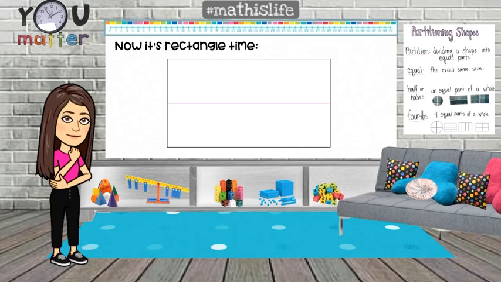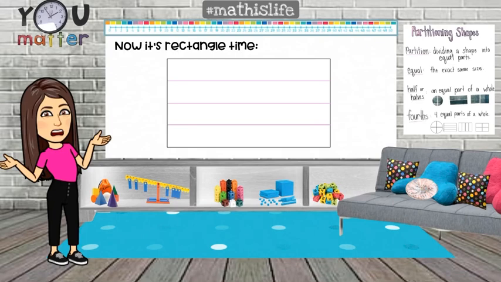Then I do another line to partition that part into half, and another line to make sure that I have 4 pieces. 1, 2, 3, 4. I'm checking over my partitioning to make sure that I now have 4 pieces.